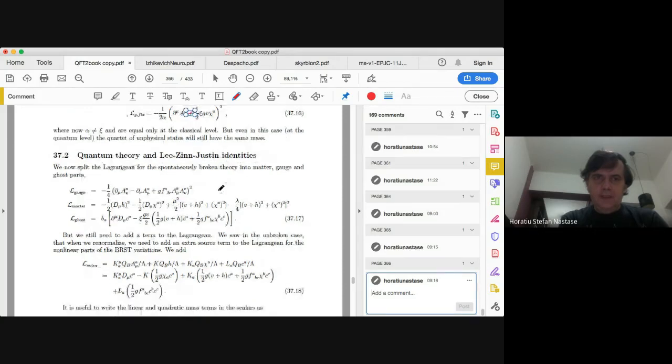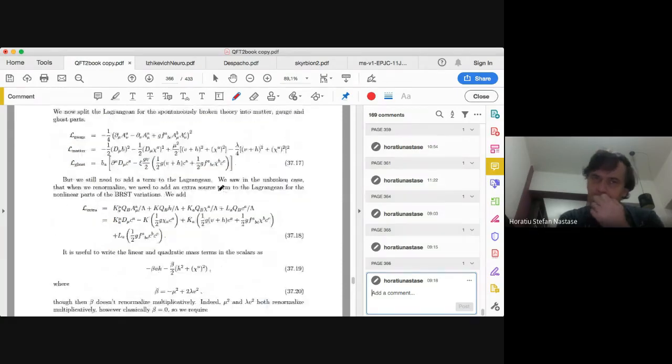But we still need to add terms to the Lagrangian. So in the unbroken case, we showed that in order to do renormalization in an easier way, we need to add extra source terms to the Lagrangian corresponding to the nonlinear parts of the BRST variations.